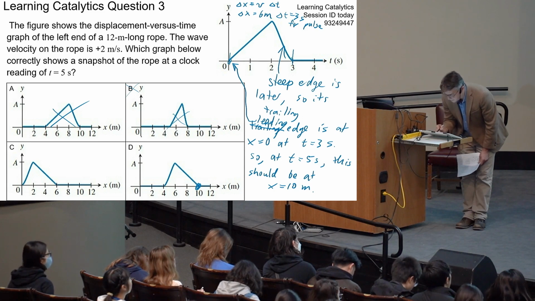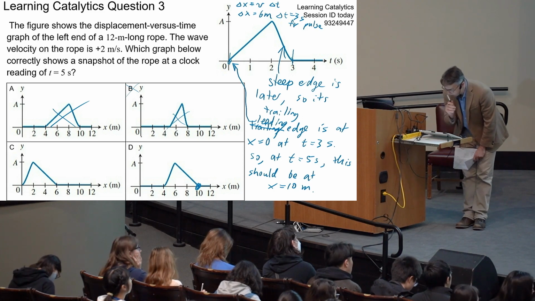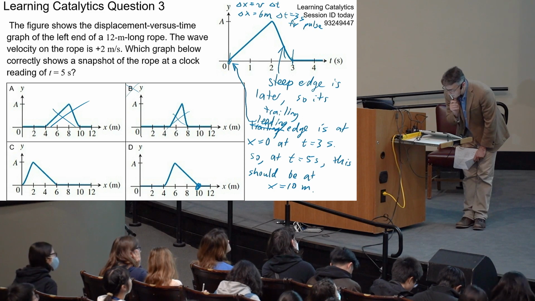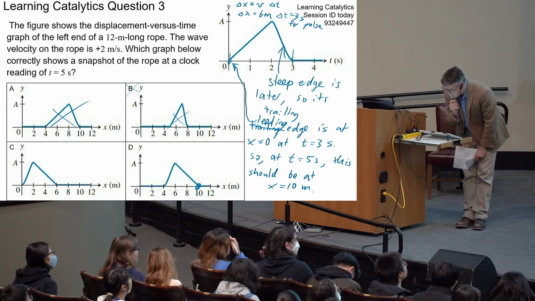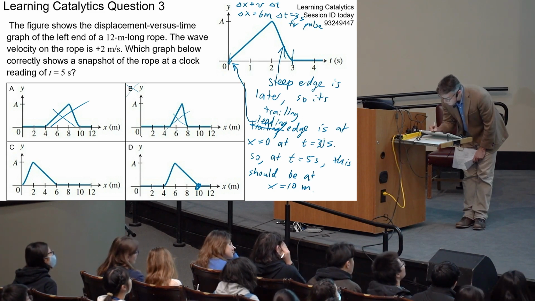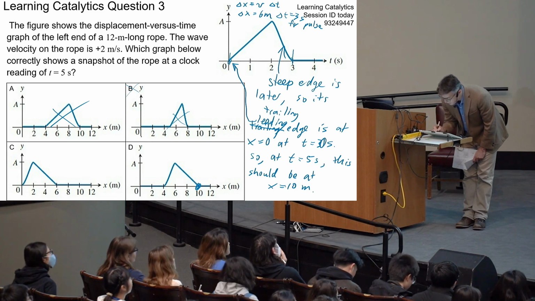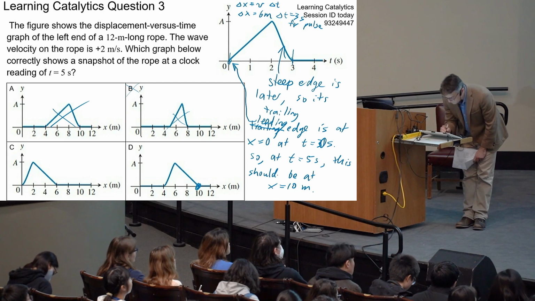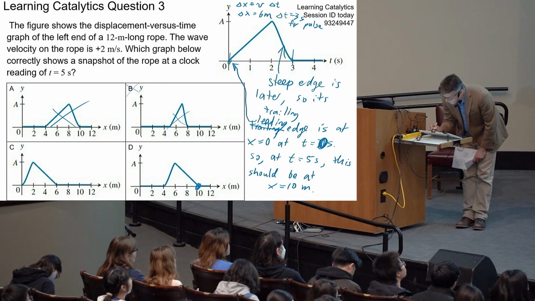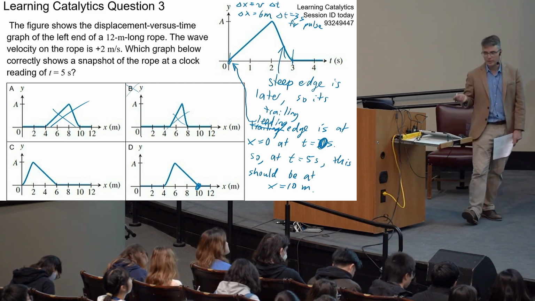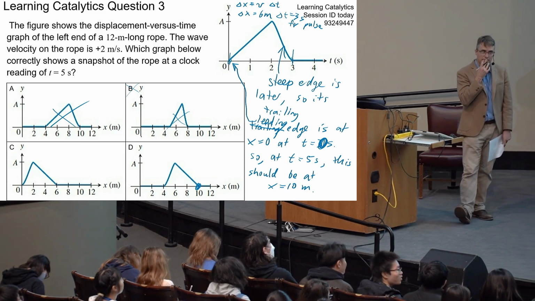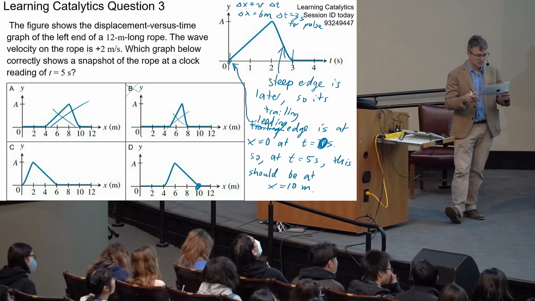Is that at x equals 0, t equals 3 seconds? Yeah. Wait, no, that's not quite right. Yeah, t equals 0 seconds. So at 5 seconds, it should be at x equals 10 meters. Sorry, because it's going 2 meters per second. Messed that explanation up a little bit.